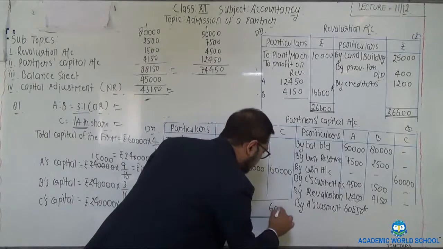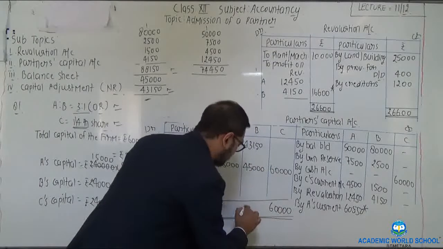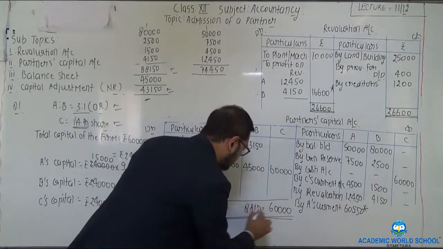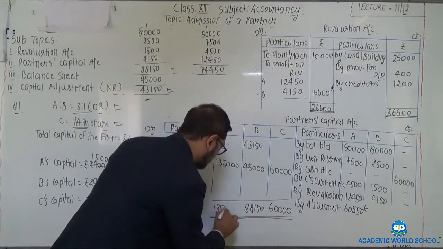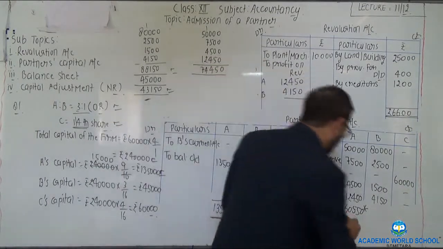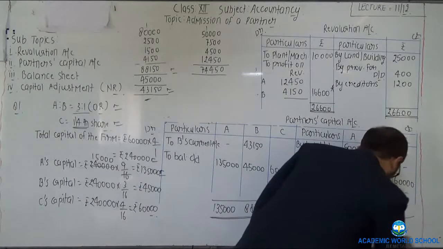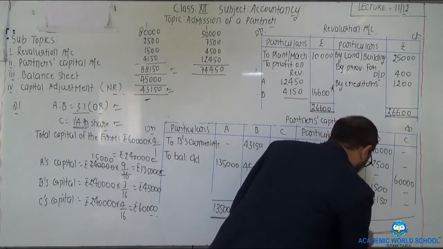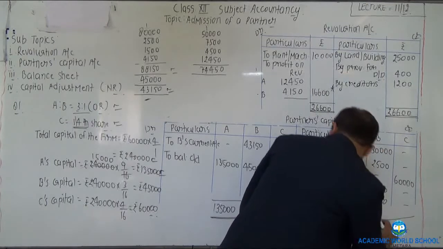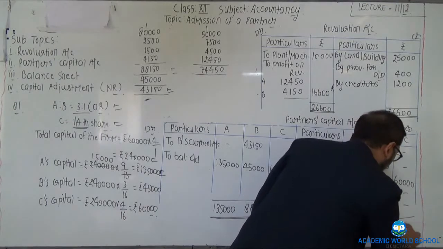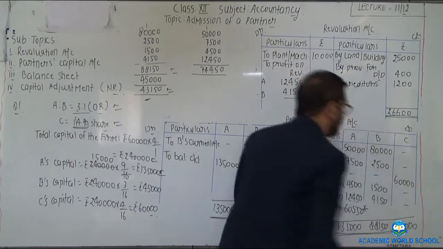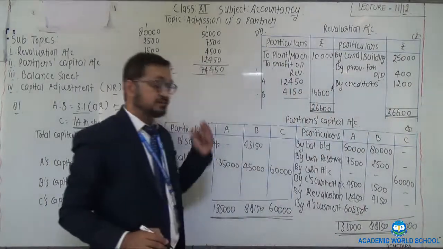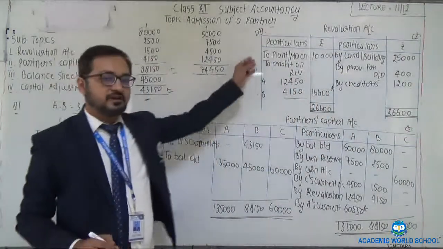Now make the total of both the sides. Total would be same: 1,35,000, 88,150 and 60,000. Clear students? Firstly, you need to make revaluation account.